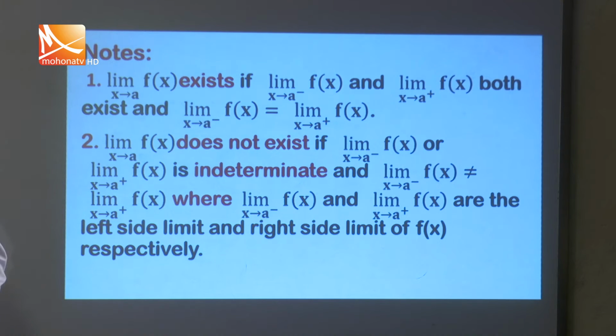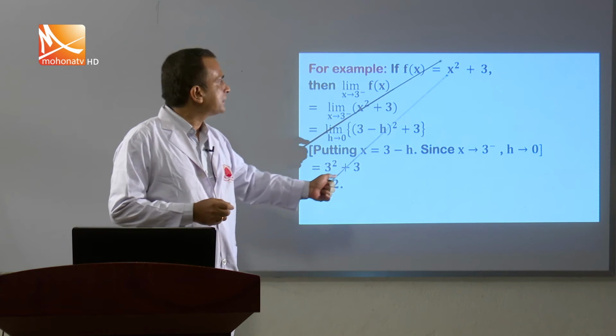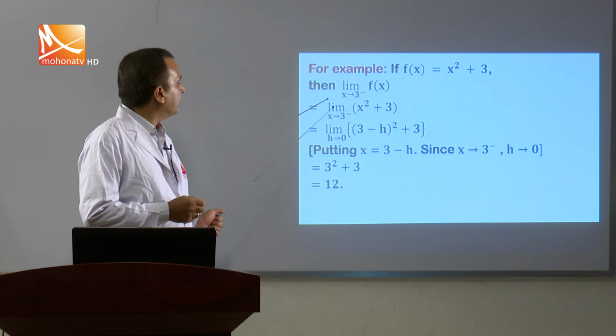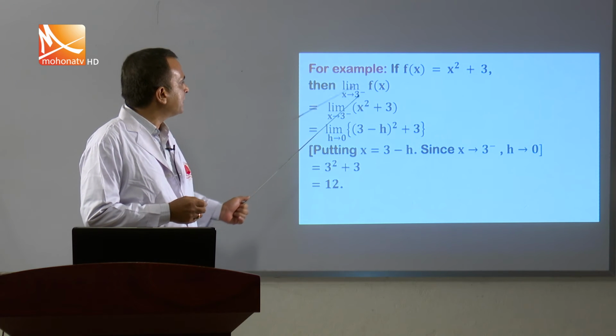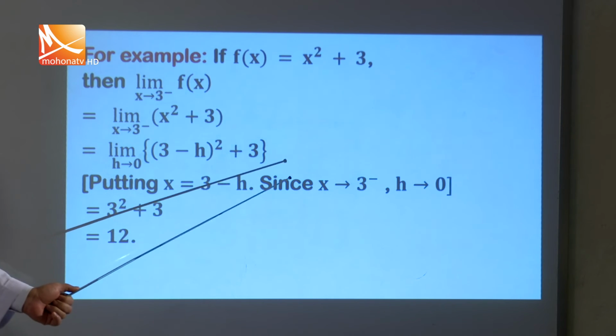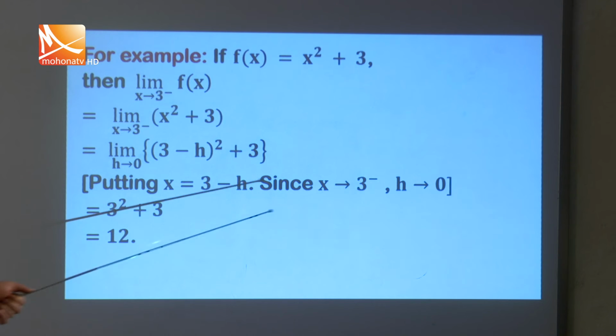Okay, dear student, I think everybody has understood. Now we are going to the next slide. We are going to see an example of the limit of a function. For example, if f(x) equals x square plus 3, then consider the limit as x tends to 3 minus of f(x). Since f(x) is x square plus 3, now we put x equals 3 minus h, since x tends to 3 minus, so h tends to 0 where h is greater than 0.